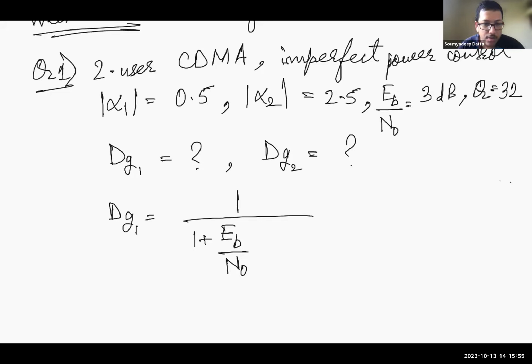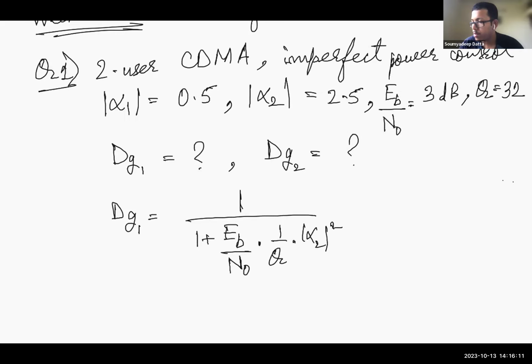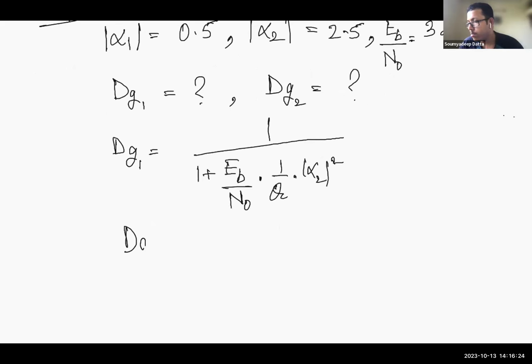So the degradation factor for user 1 is 1 by 1 plus Eb by N naught times 1 by Q times mod of alpha 2 squared. Similarly, the degradation factor for user 2 will be 1 by 1 plus Eb by N naught times 1 by Q times mod of alpha 1 squared.